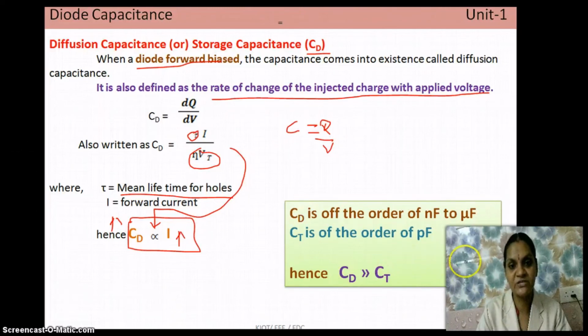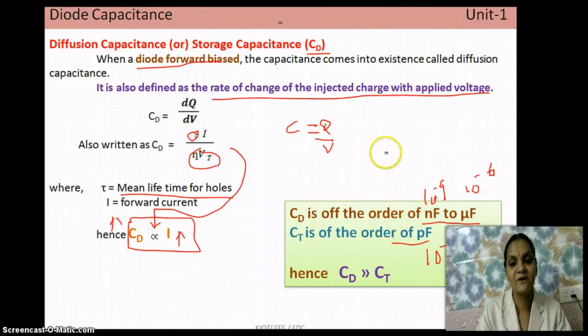This diffusion capacitance is of the order of nanofarad to microfarad, that is 10 power minus 6 to 10 power minus 9. Whereas transition capacitance is of the order of picofarad, which is 10 to the power minus 12. Nanofarad is 10 to the power minus 9 and microfarad is 10 to the power minus 6.